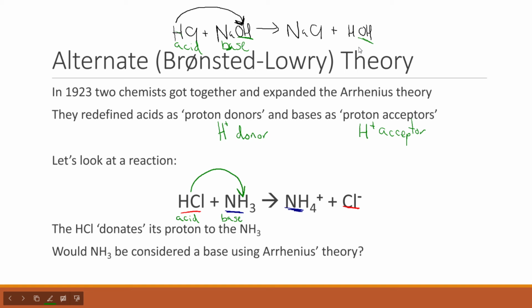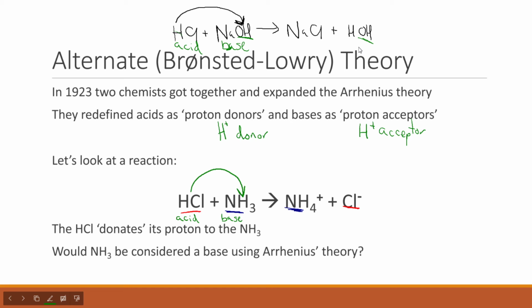Scrolling down, H is the only element that we were replacing. For acids and bases, for this unit, we are really focusing on the H plus. Where does it start? Where does it go? For Arrhenius, he's talking about making H plus and making OH minus and how those are going to combine together.